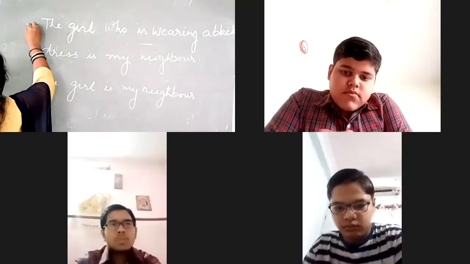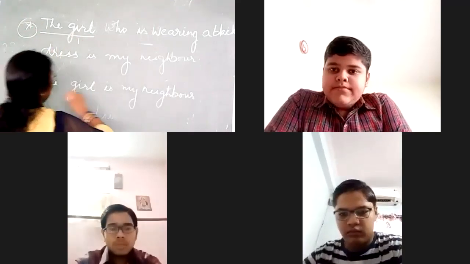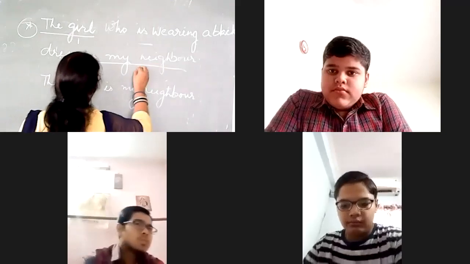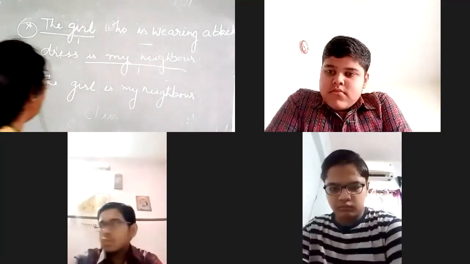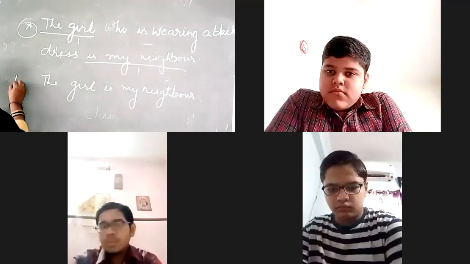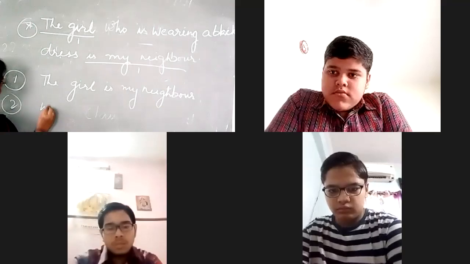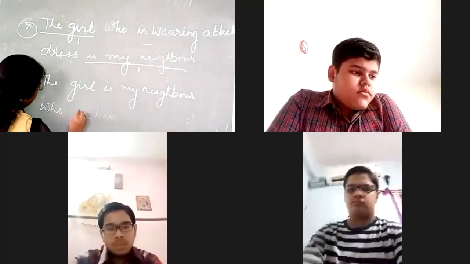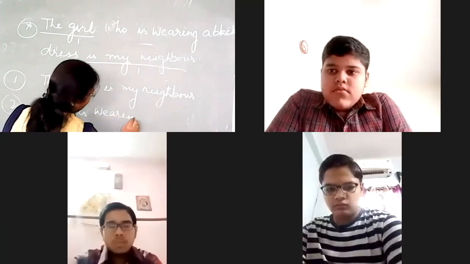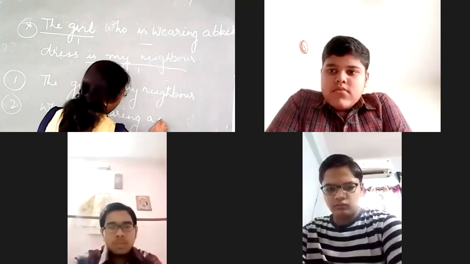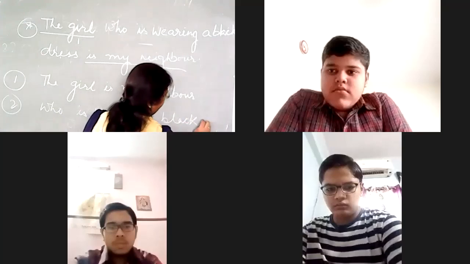This is a sentence. I have taken 1 and 1. Sentence number 1 I have made: the girl is my neighbor. Now I am going to make sentence number 2: who is wearing a black dress.